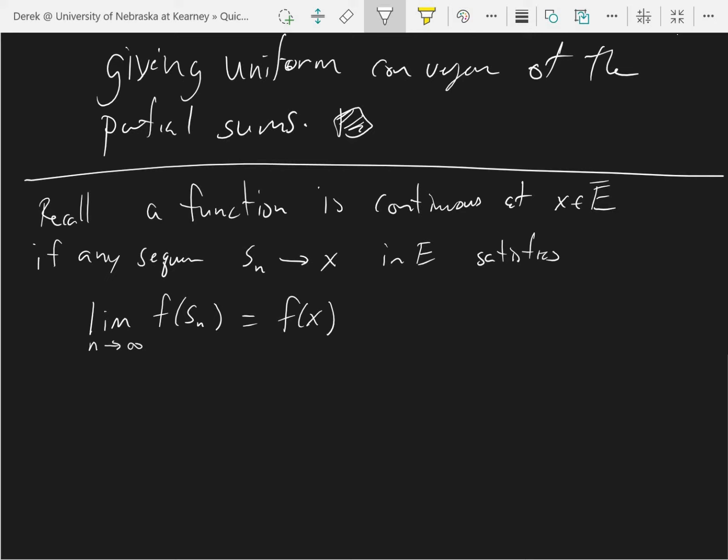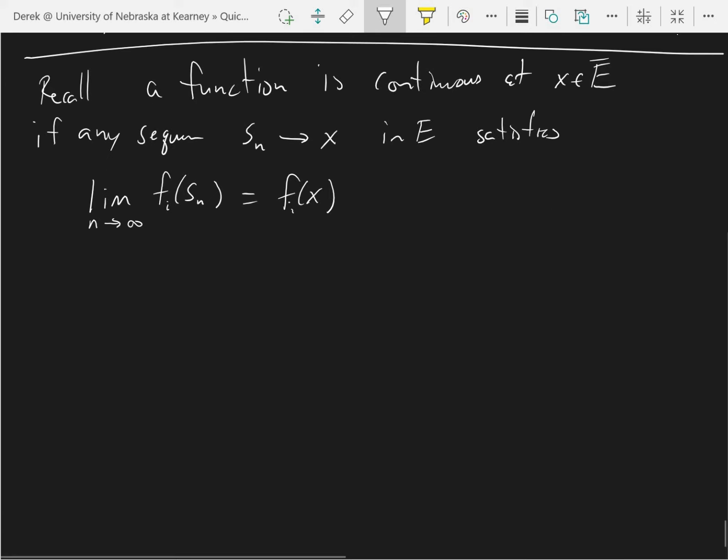Right. So I'm trying to show this with a function, so I'm going to put some i's down here, and we're going to have to take another limit then. So this is f at the limit of the s sub n's as n goes to infinity.